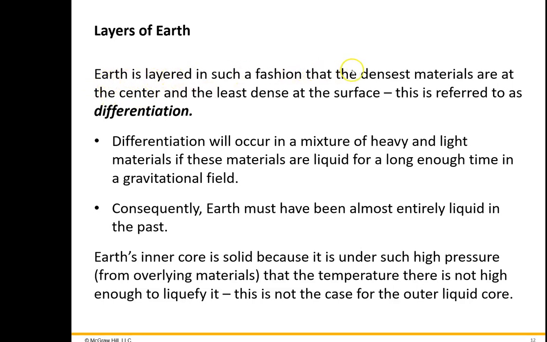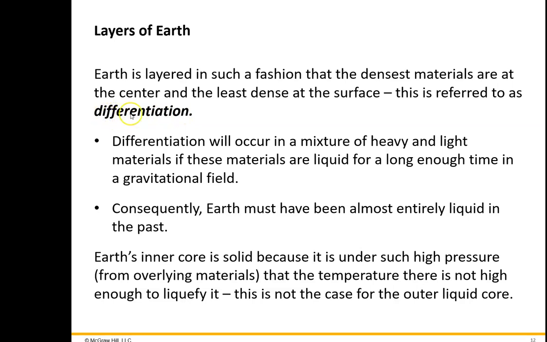So the Earth, when it was formed, had lots and lots of very dense material like iron and nickel, and much less dense material like silicates. What happened with the Earth is it differentiated. The differentiation happens because of gravitation.